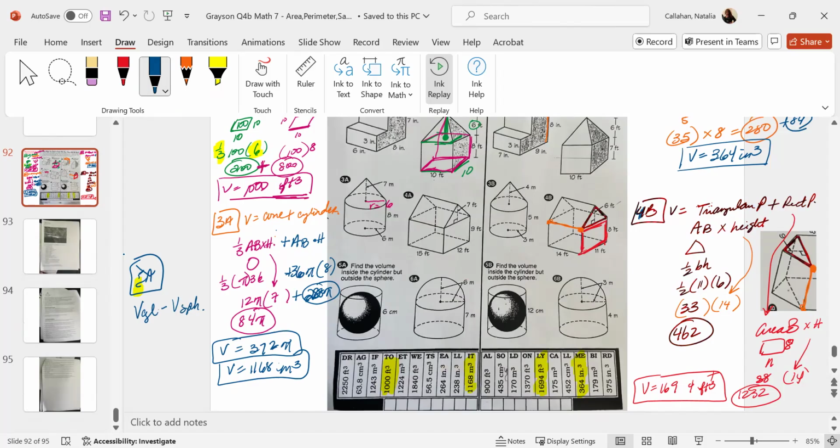Write that down so you know how to do this. For 6A, it is going to be the volume of the semi-sphere, half a sphere, plus the volume of a full cylinder. Do you understand?